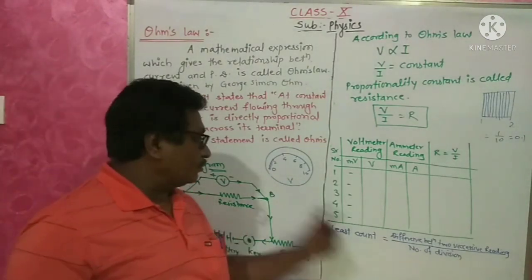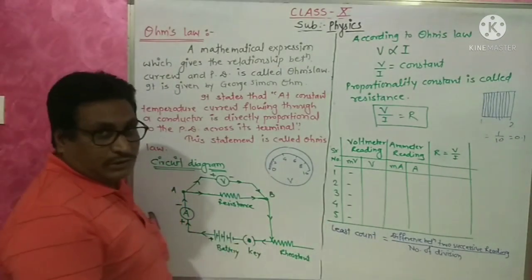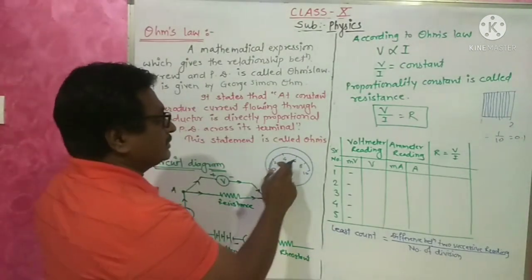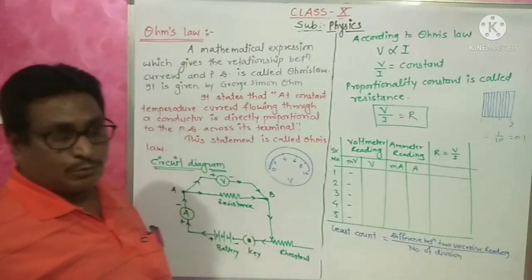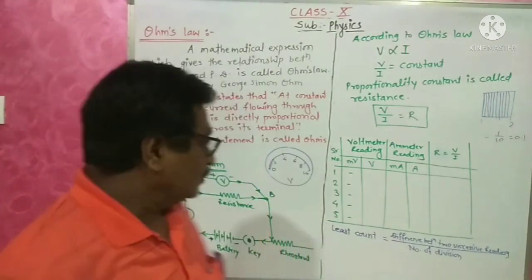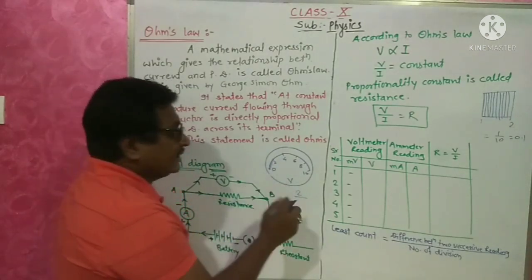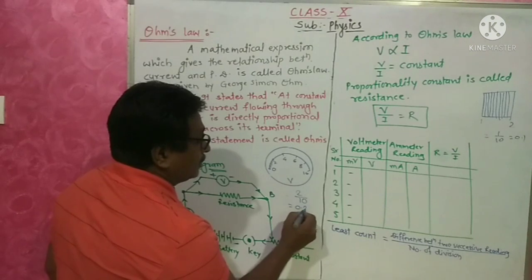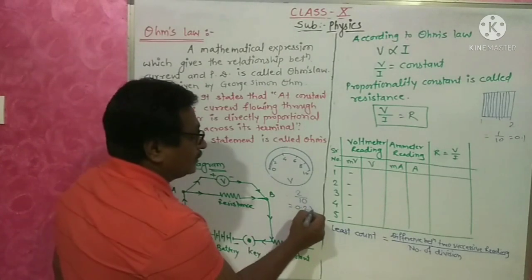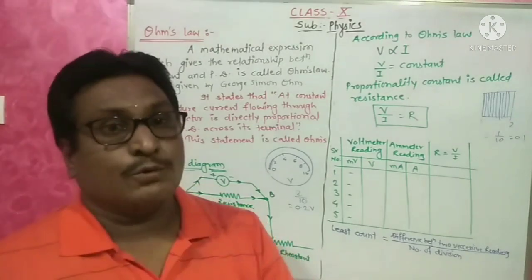So according to the formula, how to find the least count of voltmeter? Difference between two successive readings. 0 to 2, what is the difference? 2. 2 to 4, 2. 4 to 6, 2. 6 to 8, 2. 8 to 10, 2. This difference between two successive readings is always the same. So the difference is 2, and the number of divisions is 10. So what is the value of one small line? 0.2 volt.